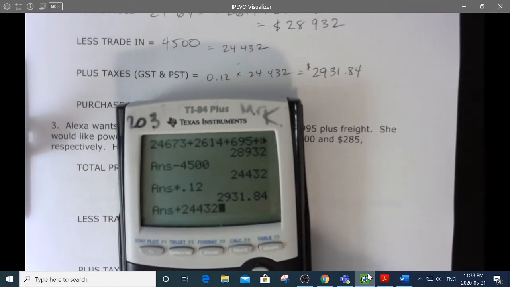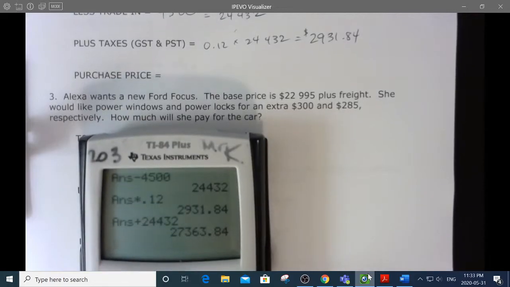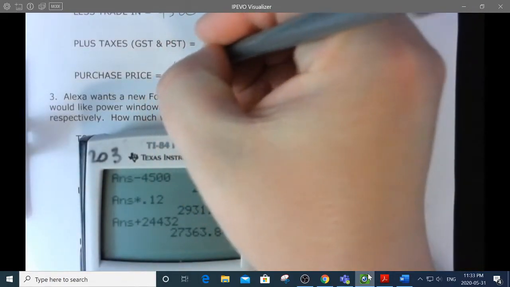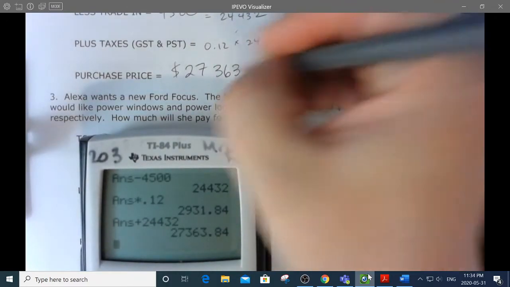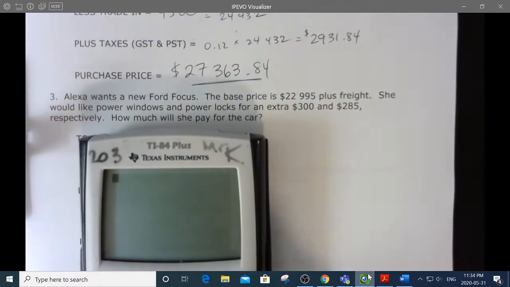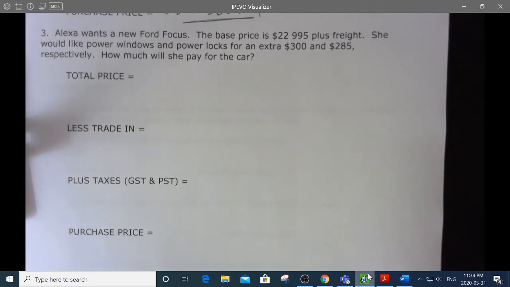Which again, I wouldn't bother doing that. I've always just taken the $24,432 and times it by 1.12, but they wanted to know how much the taxes were. So that is $27,363.84.